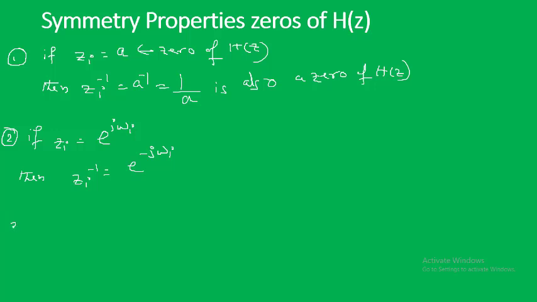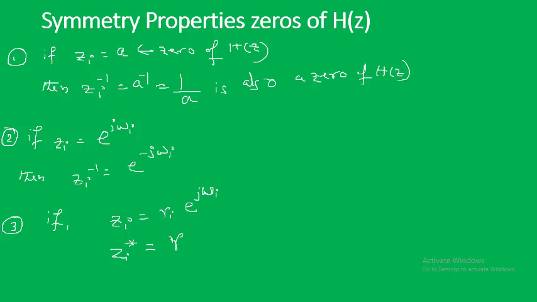Then the third property says that if zi is in the form of ri e to the power j omega I, and this is a zero of h of z, then the conjugate of it, zi star, this is how we write the conjugate, so all of you know that.